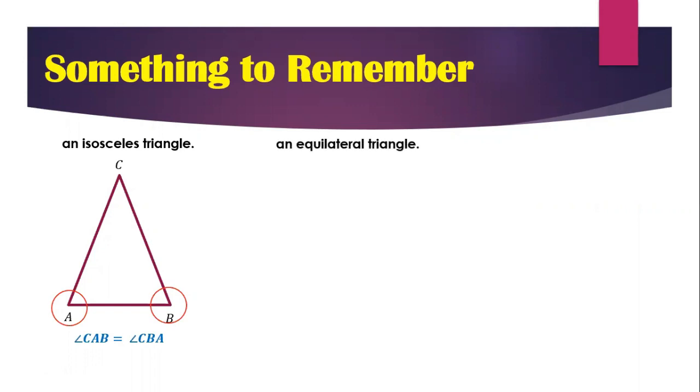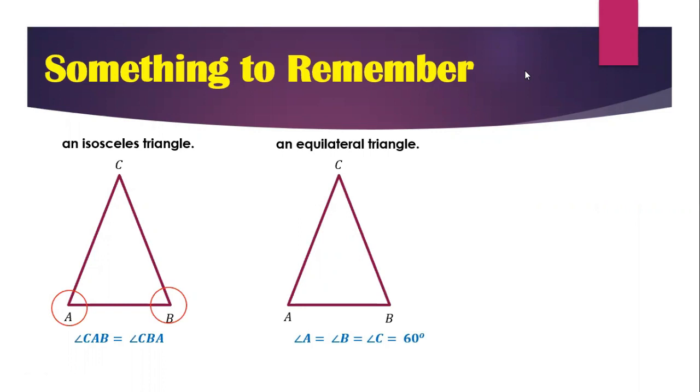Next, an equilateral triangle. The properties of an equilateral triangle are: angle A equal to angle B equal to angle C equal 60 degrees.